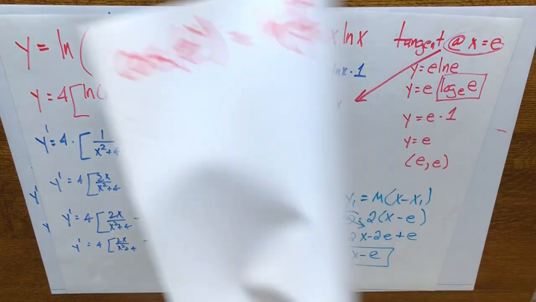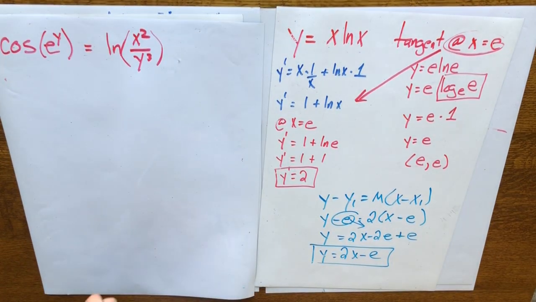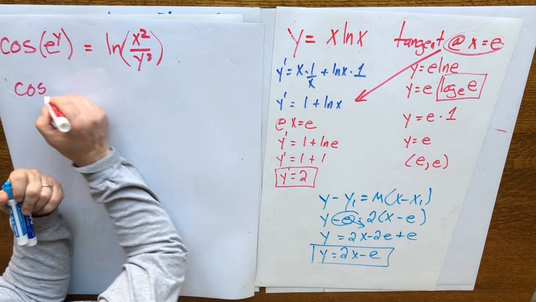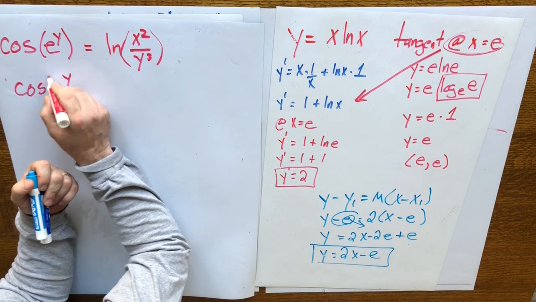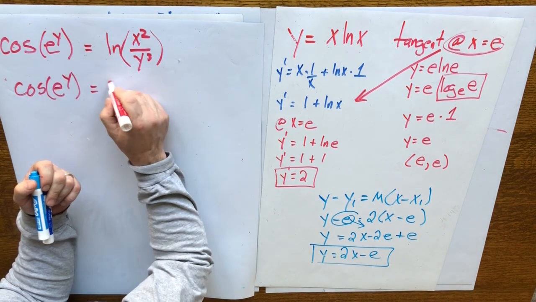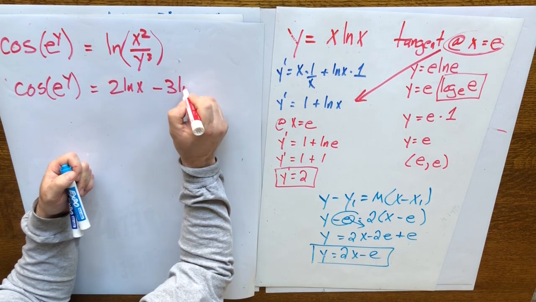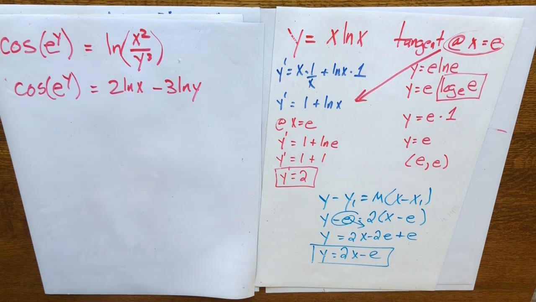Our last example is an implicit differentiation. Before I get started, I'm going to use my laws of logarithms to simplify the left-hand side. So we have cos of e to the y equals 2 ln x minus 3 ln y. So let's start taking the derivative of this one.